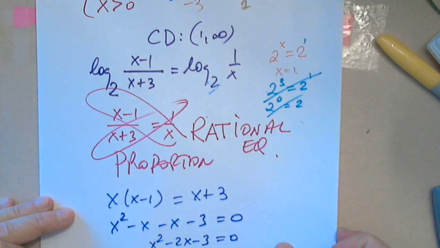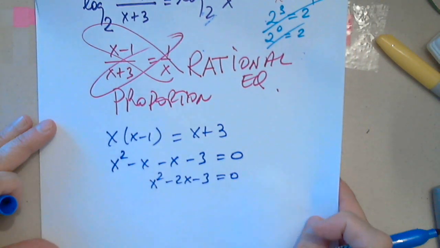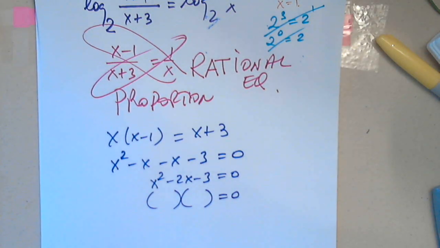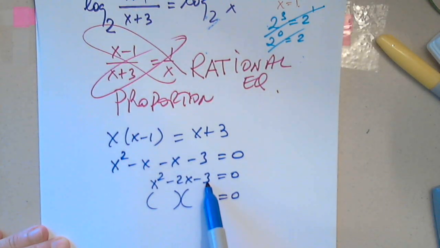We really hope that this is factorable. Say factoring. Yes, perfect. And how do we factor it? 2 and 1. Careful, the product is -3. So x minus 3 and x plus 1.